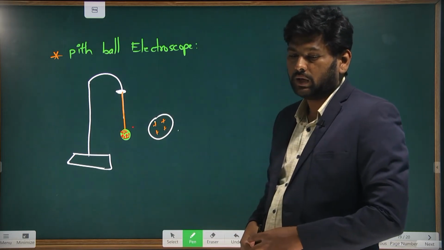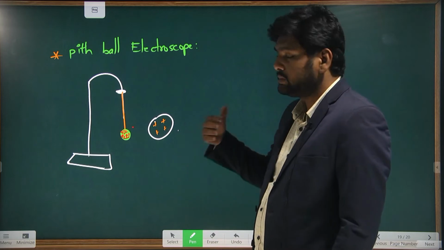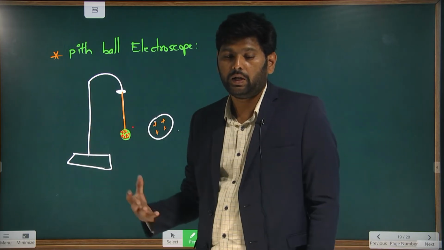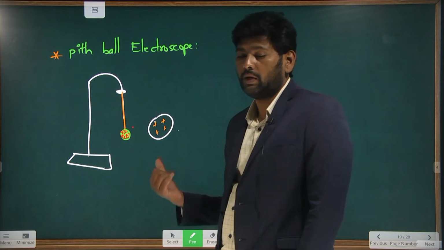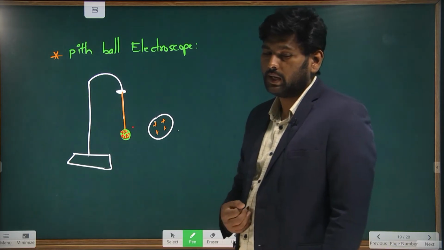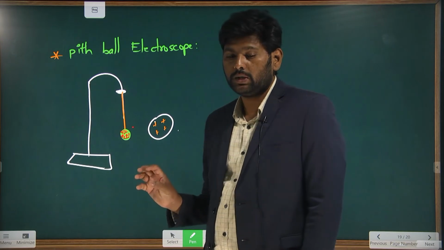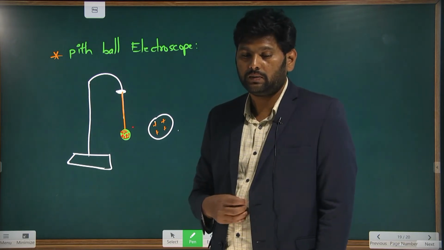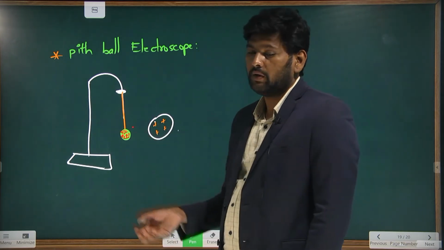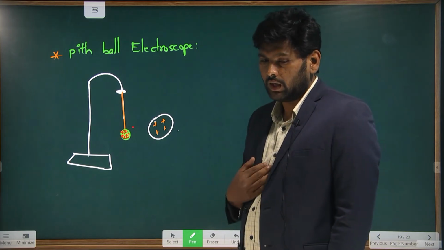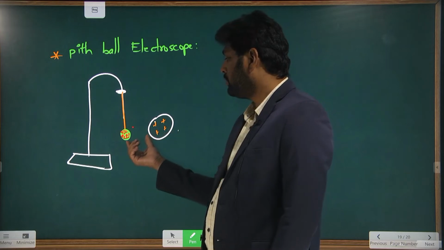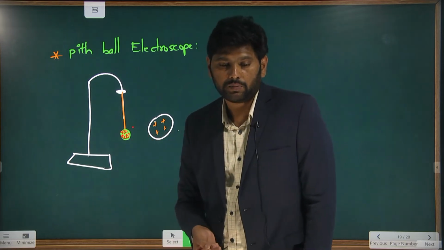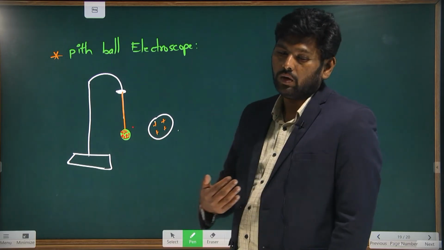So finally what we conclude: when the pith ball is moving away from the body, it is telling us the body has positive charge, because between positive charges repulsion takes place. The pith ball already has positive charge, and when you keep this body near this charged pith ball, the pith ball will move away.